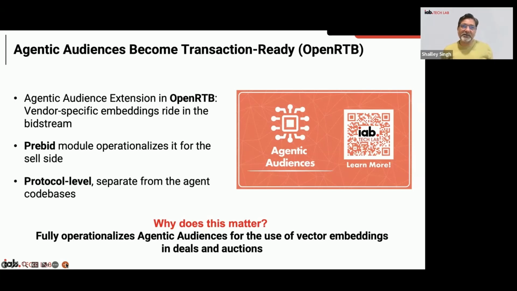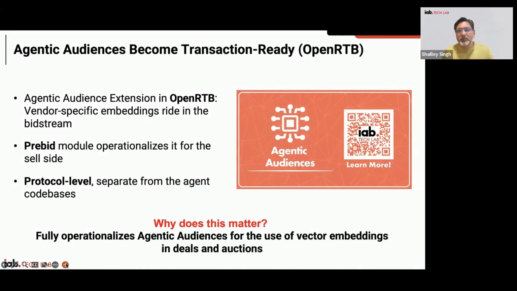AdTech doesn't like their acronyms being taken away, but we had to shift, and we call it agentic audiences, which basically uses a vector embeddings method to describe a user and the aboutness of the user, the intent, the context, and other details about the user in very compressed mathematical numbers that can be used for comparison to a campaign's requirements.